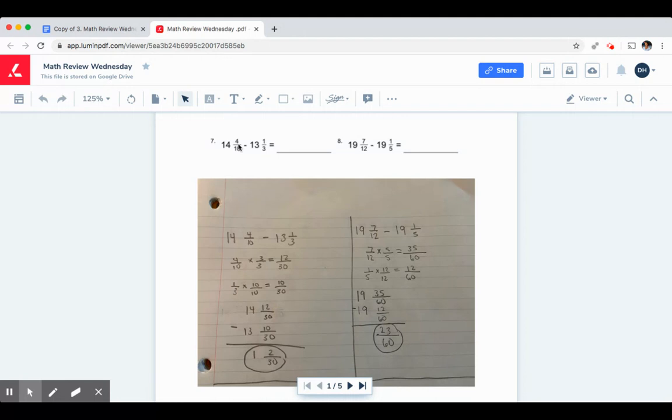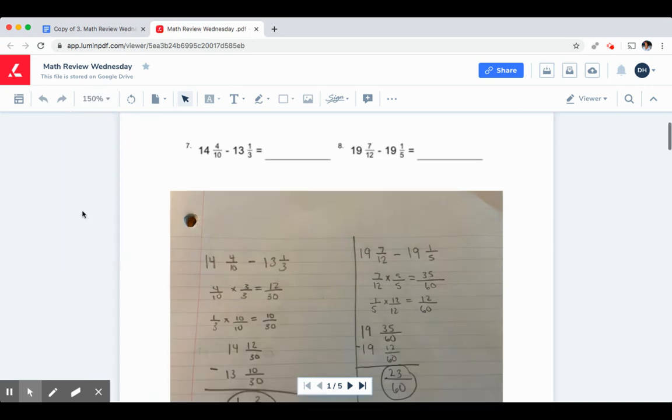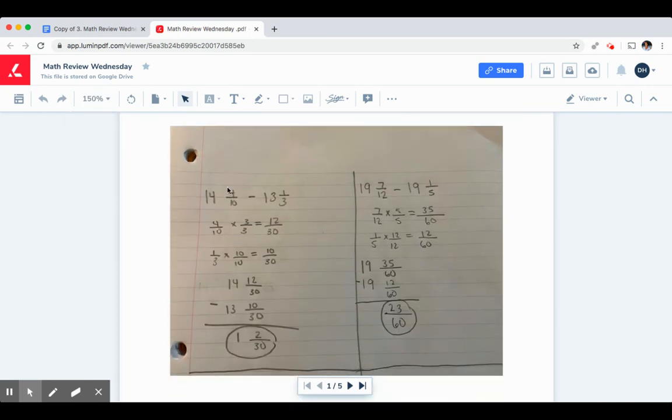So here we were given lots of problems where the denominators were different, and before we solved the actual subtraction, we needed to find a common denominator first. Let's go ahead and look at the first problem and how I solved. So we started off with our number sentence, which I rewrote here.